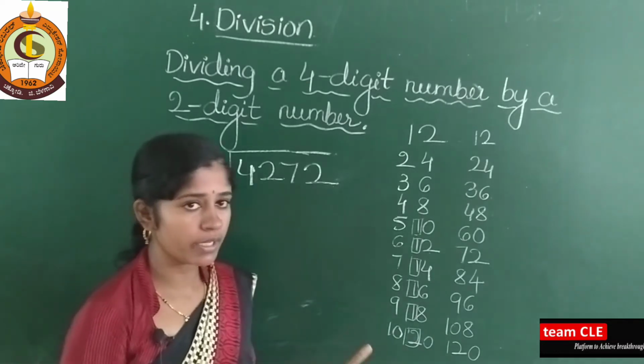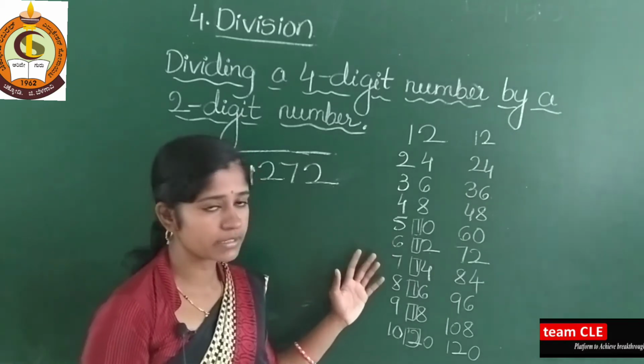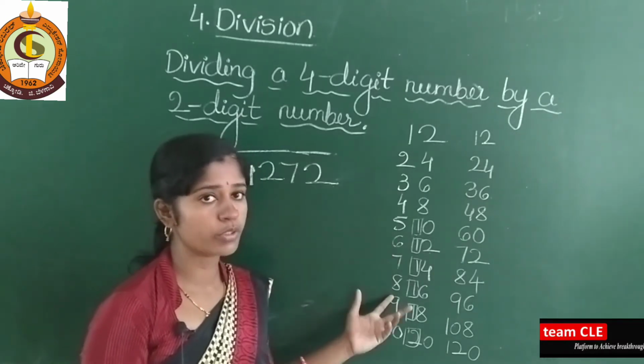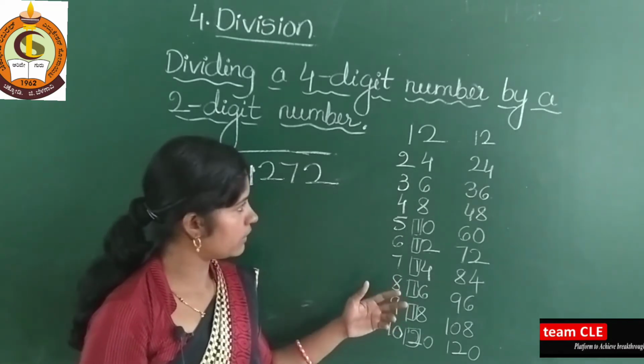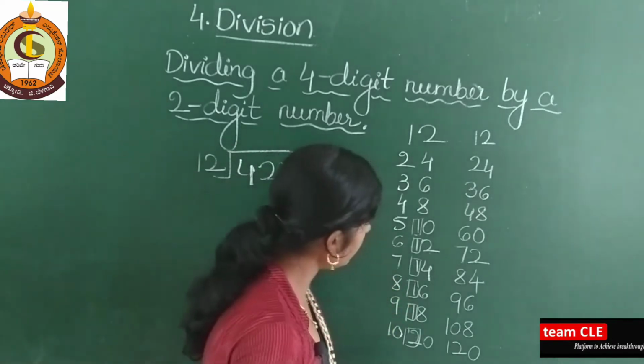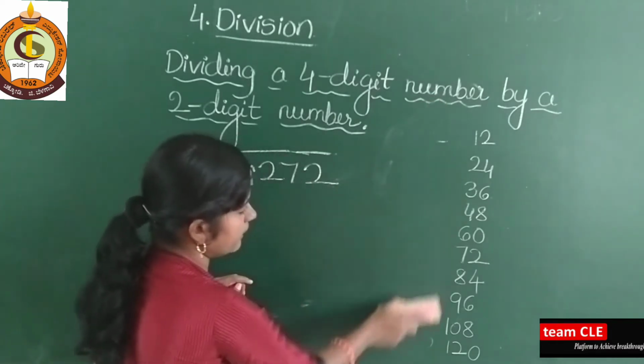If you know this trick, then you can write not only the 12 ones table, you can write the 13, 14, 15 tables, all the tables. Okay, so now the 12 ones table is ready.